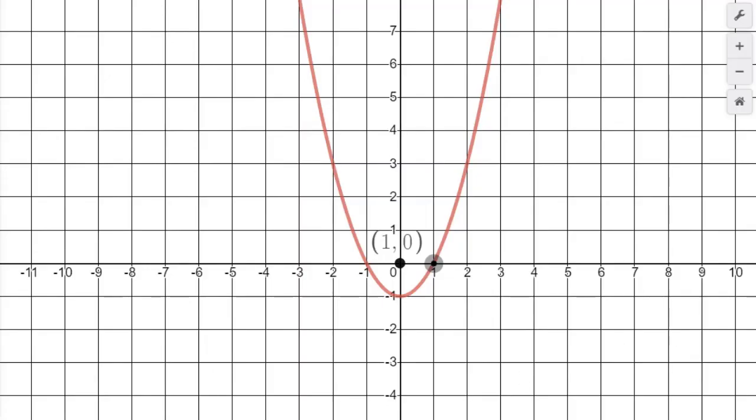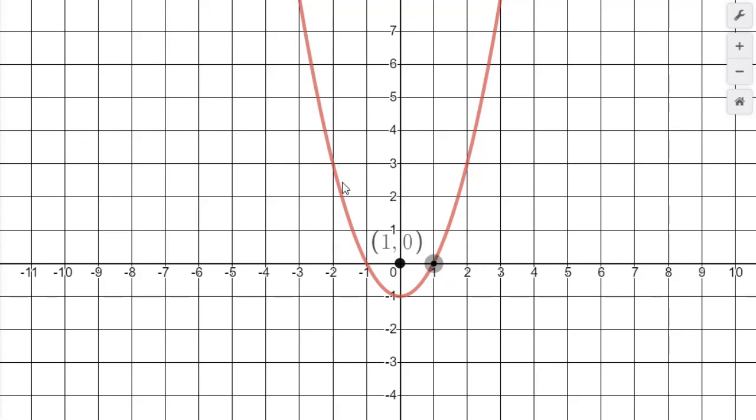Now, this red graph right here is the graph of our f(x) equals x squared minus 1 function. At the end of example 4, let me quickly show a graphical explanation of our different tangent lines.